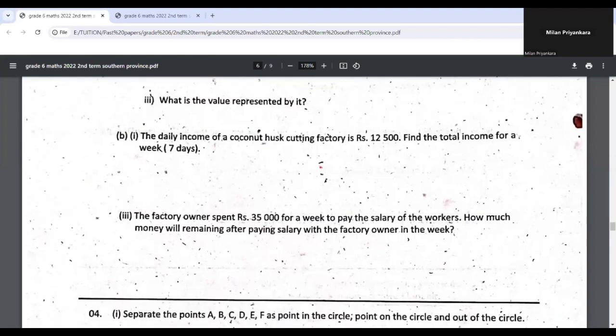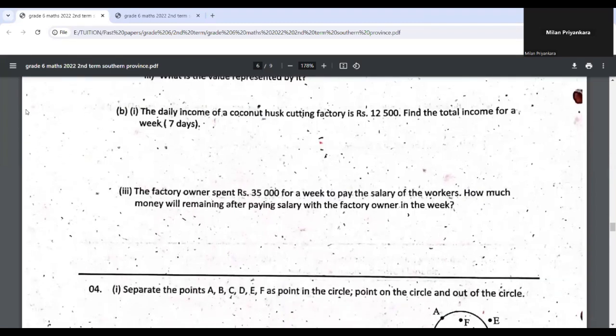In part B, the daily income of a coconut husk cutting factory is 12,500. Find the total income for a week. That means 7 days. For that, you have to multiply 12,500 by 7. So let's get this answer. 7 into 0 is 0, 7 into 0 is 0, 7 into 5 is 35. You can write 5 here and 3 carries. 7 into 2 is 14. 14 plus 3, 17.